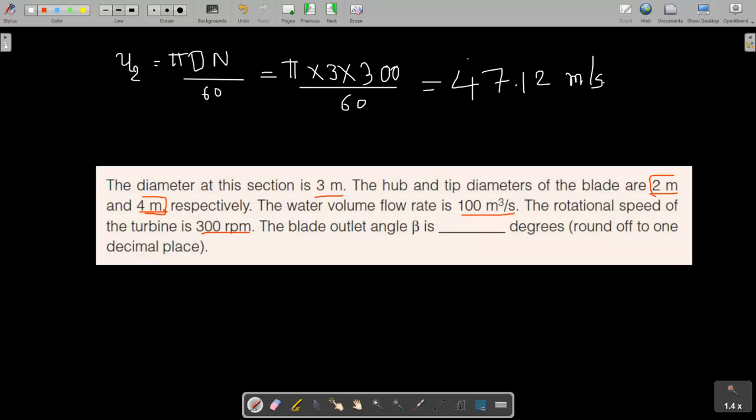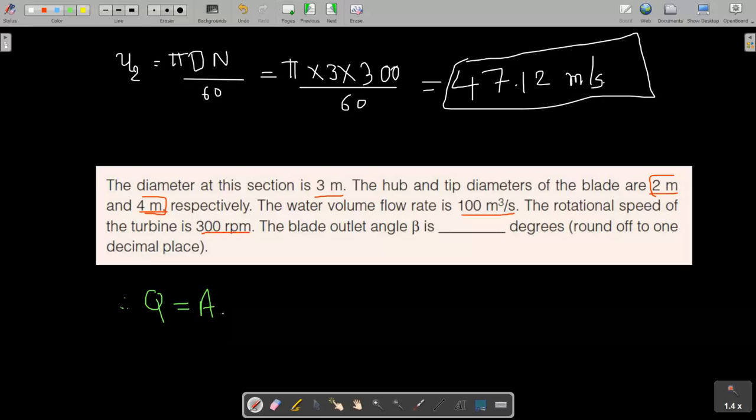Got it? Now what is vf, the velocity of flow? Flow velocity, as its name suggests, is associated with the mass flow rate. So we can write Q is equal to the area of flow into the velocity of flow at the outlet or at a given point. Now Q is given to us as 100 meter cube per second.